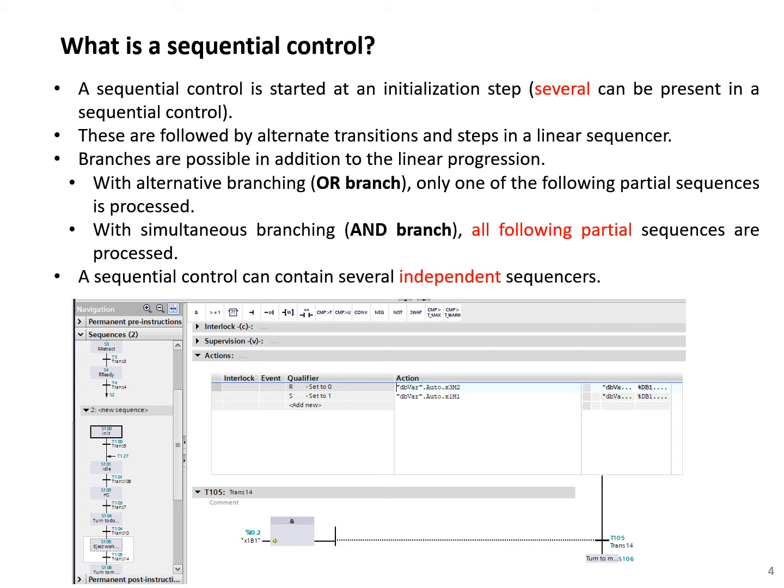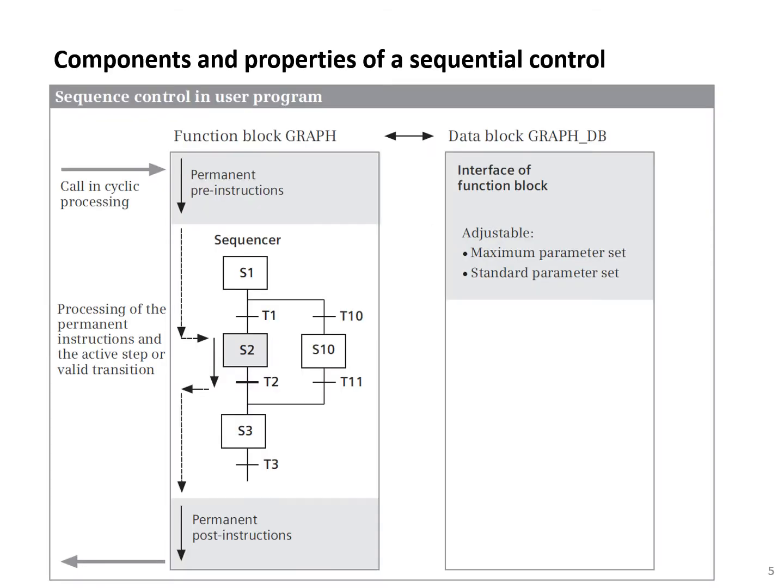A sequential control can contain several independent sequencers. So here we have one example, one sequencer.